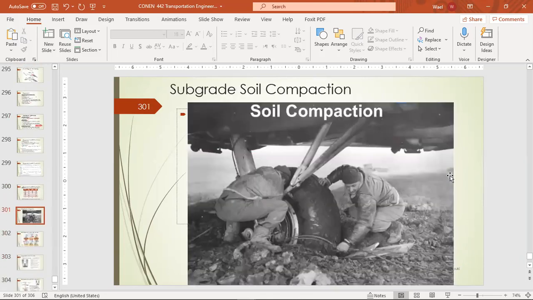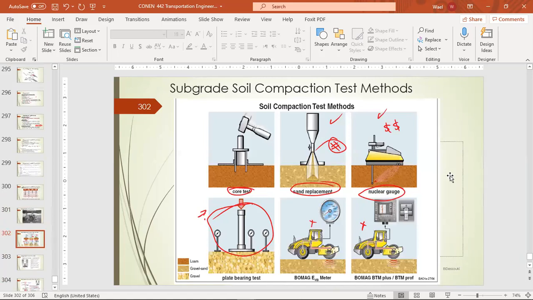Then we move to compaction, and basically compaction is critical again, and we have different methods for testing compaction. There is the core test, okay, there is the sand cone test, which is very common, and there is a nuclear gauge. This is the most reliable method. The sand cone test is subject to errors.